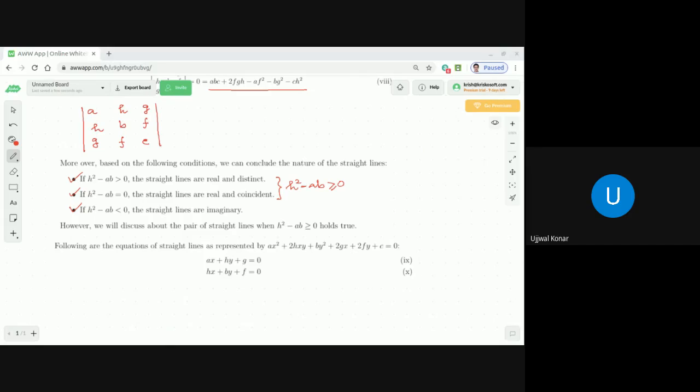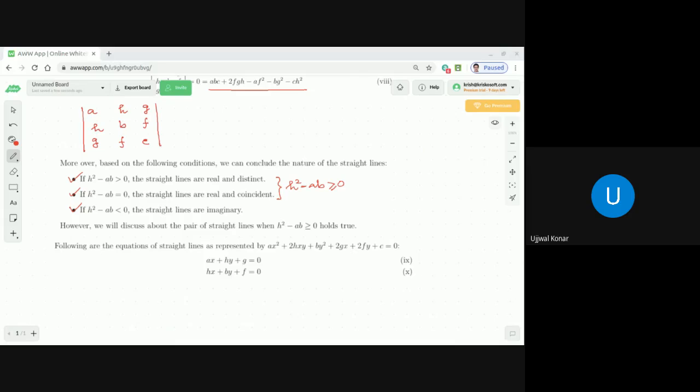Now here is one interesting point. The equation ax square plus 2hxy plus by square plus 2gx plus 2fy plus c equal to 0 represents a pair of straight lines. Then what will be the homogeneous equation?